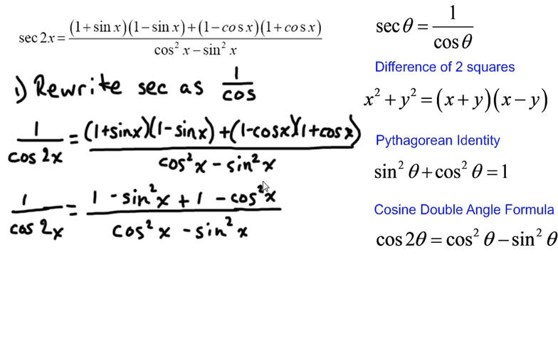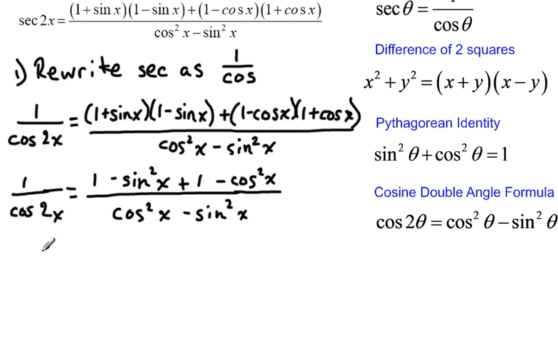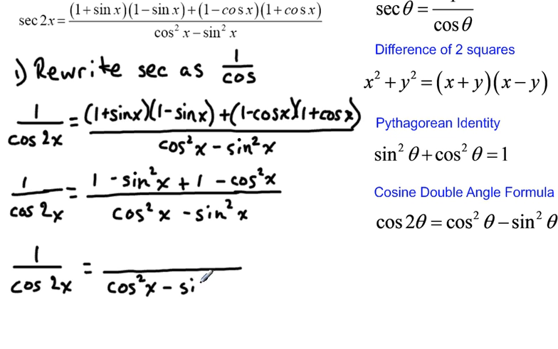And now, in the numerator, we're going to combine like terms. So we have 1 over the cosine of 2x still here on the left, and our denominator on the right remains the same, cosine squared x minus sine squared x.